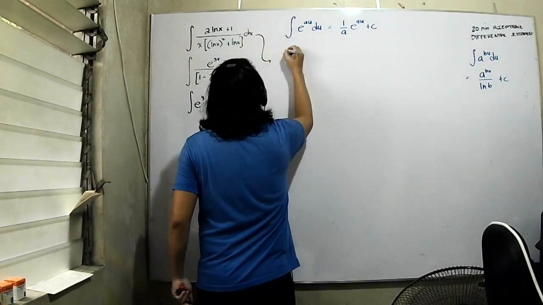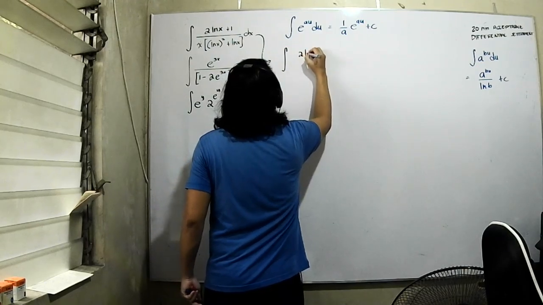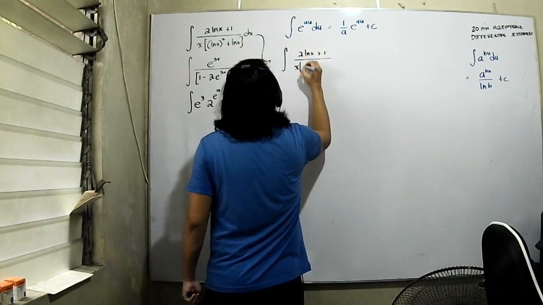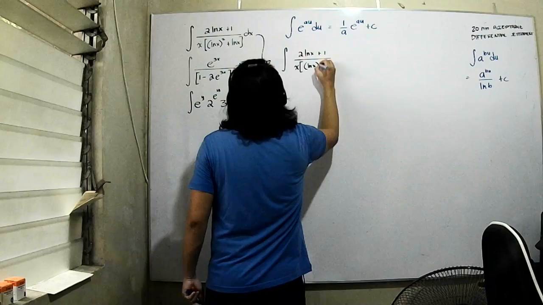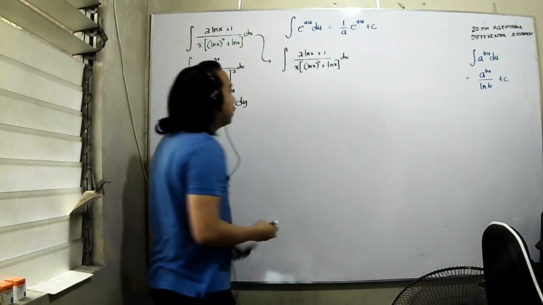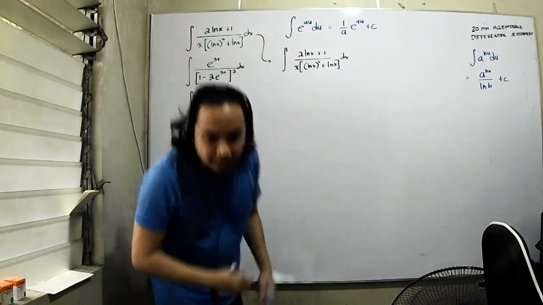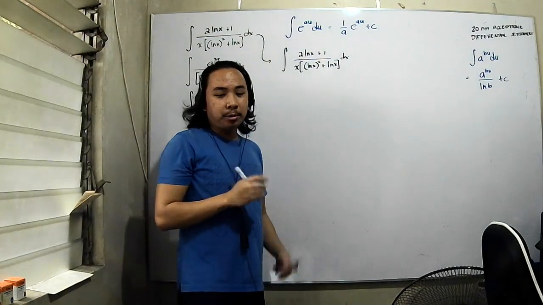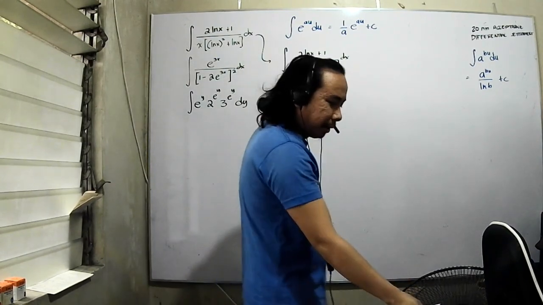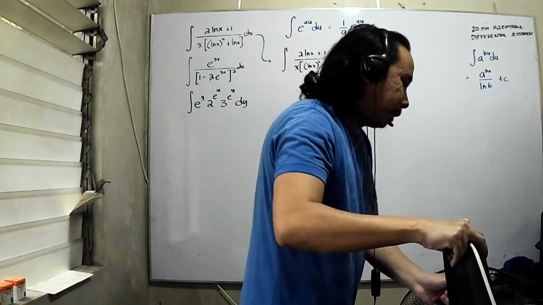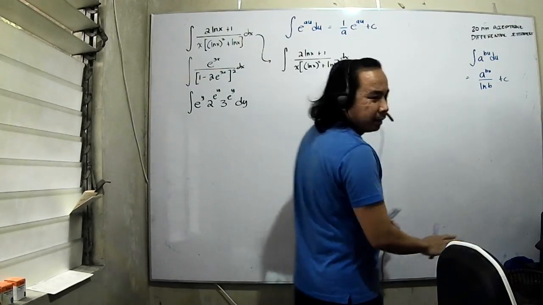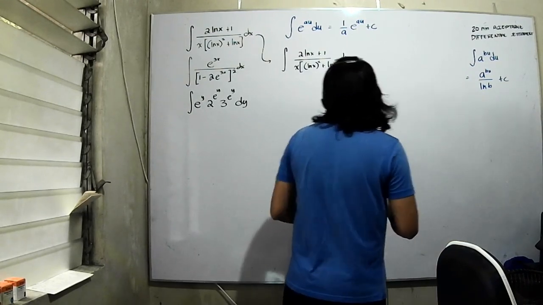Solving this first integral, 2 ln x plus 1 divided by x times ln x squared plus ln x, dx. The style here is to use substitution, and you have to look out for the most complicated, cumbersome term.